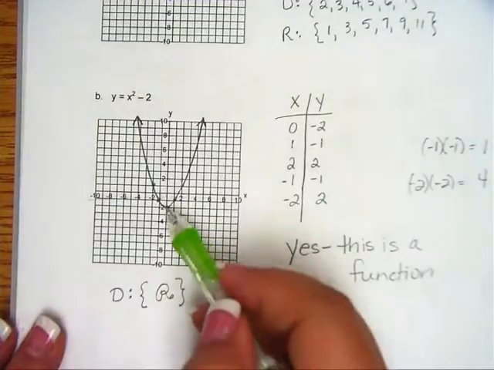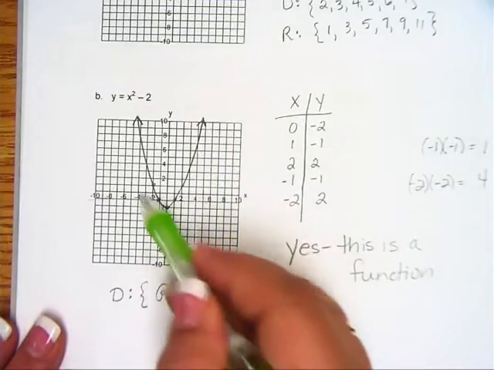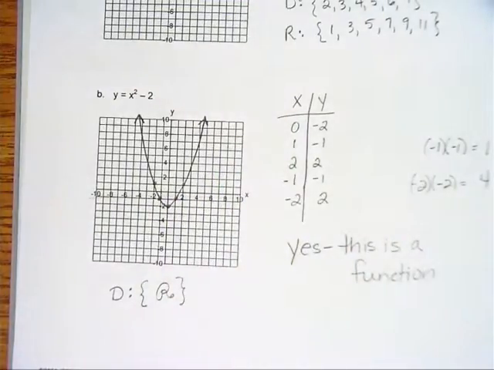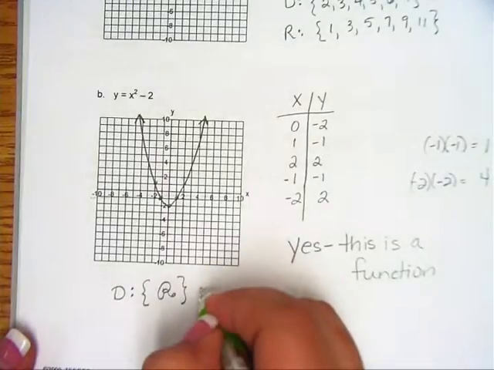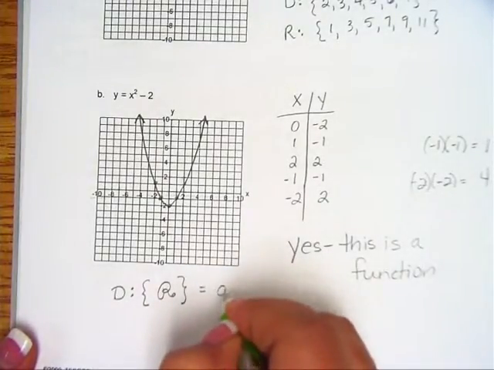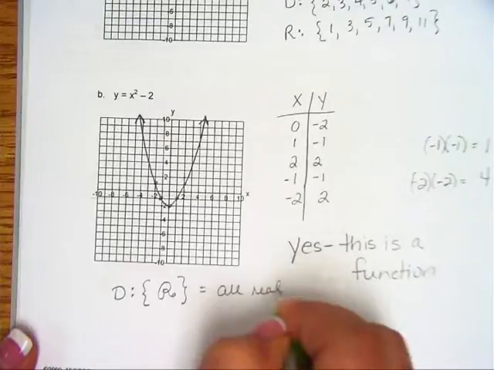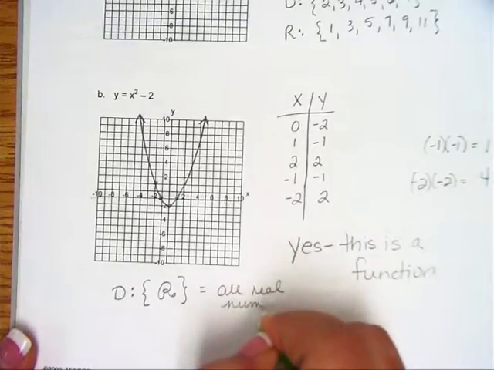Because these lines, as they continue to grow out this way and this way, they're going to include everything on the x-axis forever and ever, amen. So all real numbers, if you can't remember that, write all real numbers. Either one of those, be familiar with.